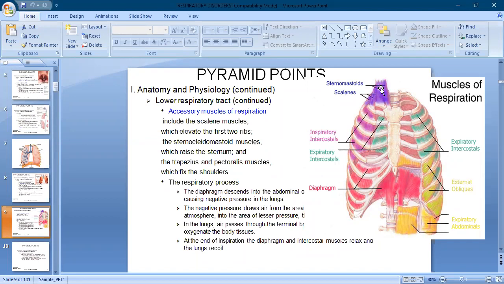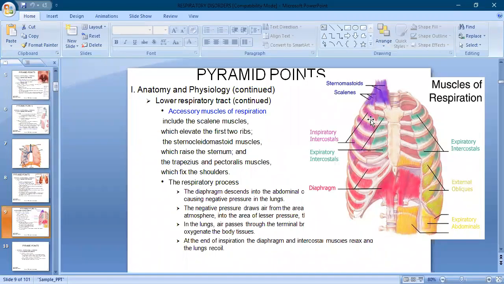This is called the sternomastoid, and also the scalene. The sternomastoid is one of the important muscles for respiration, and also some of the muscles in between 2 ribs.